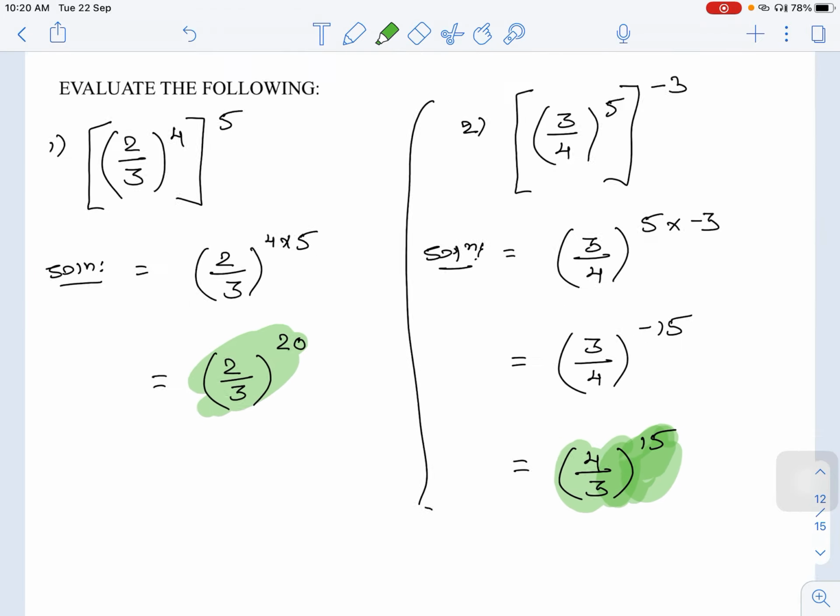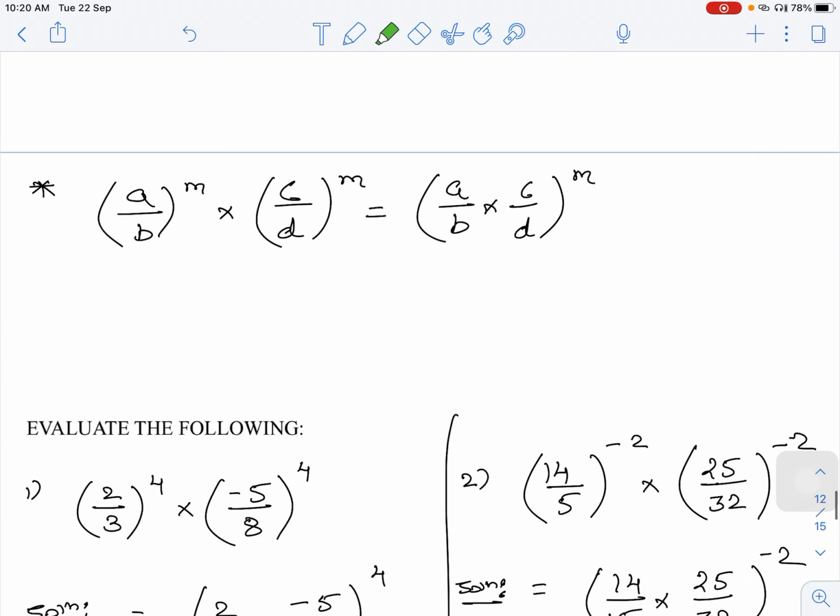Now let us look at the next law. Our next law is (a/b)^m into (c/d)^m equals ((a/b) into (c/d))^m.